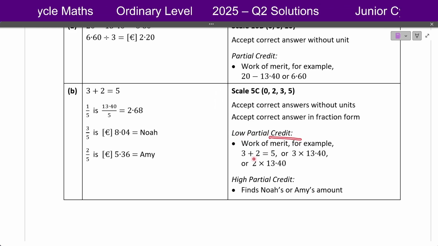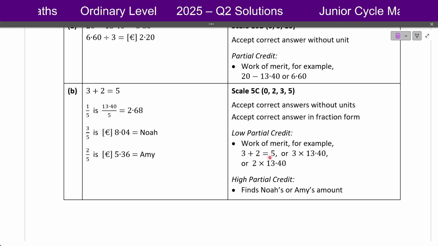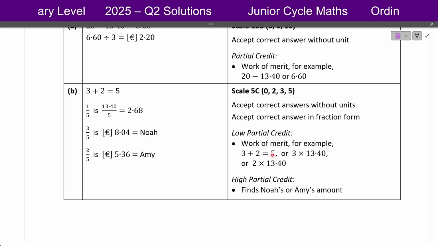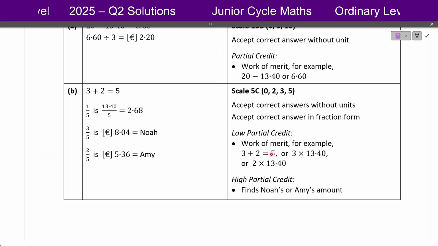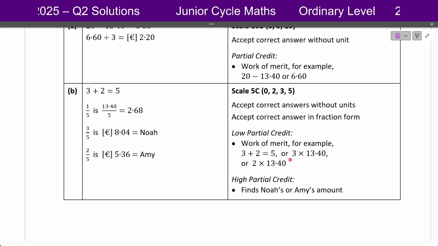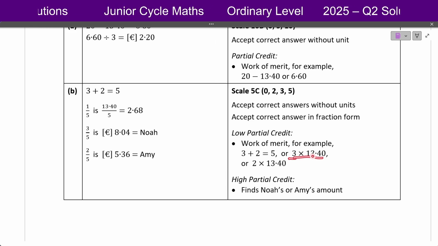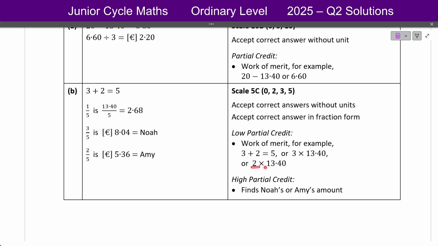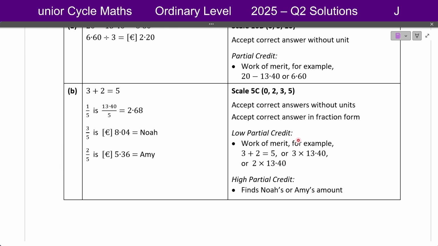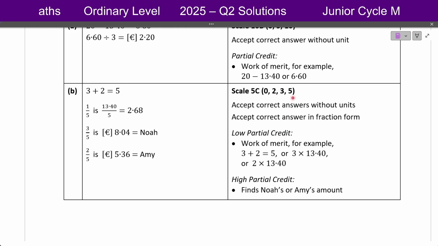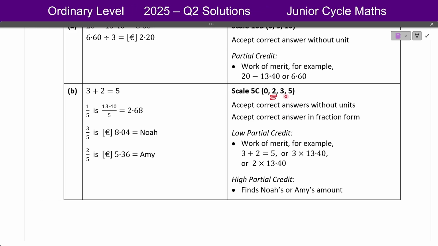That is, if we just show the total number of parts from the ratio given in the question, or if we wrongly multiply only 3 times 13.4 or 2 times 13.4, in this case we will get 2 out of 5.